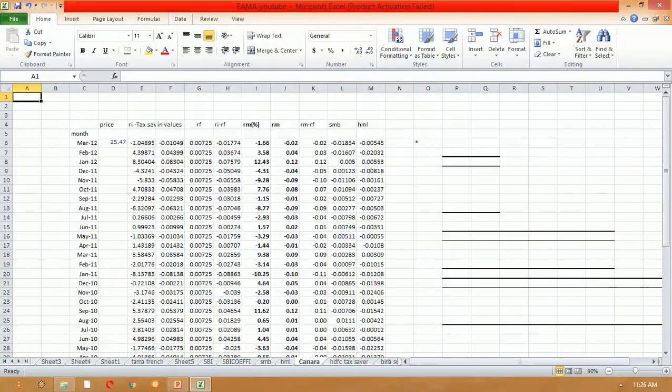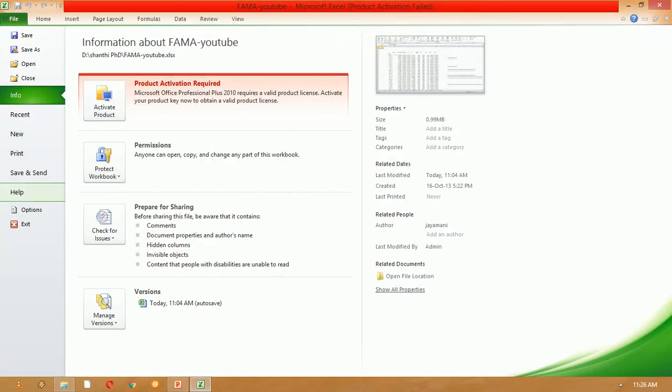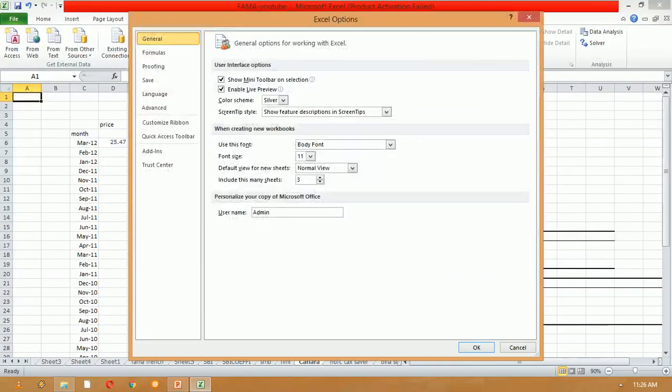Go to the Data tab in Excel. In Data there will be an option called Data Analysis. In certain versions of Excel it is an add-on, and in certain Excel, Data Analysis will not be there. In such cases, go to File, click on Options, and choose Add-ins.